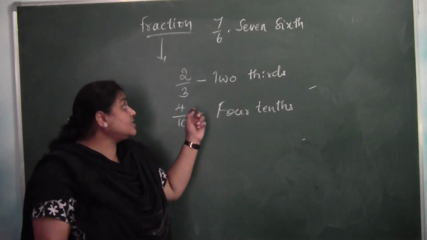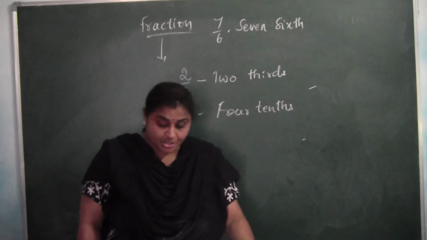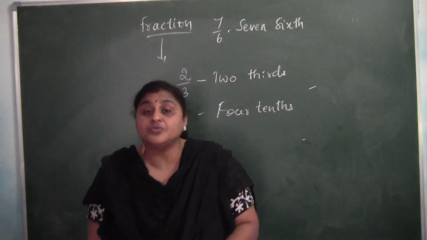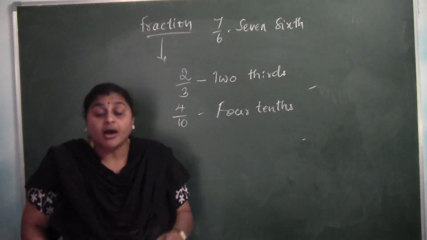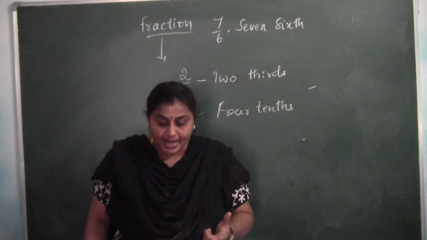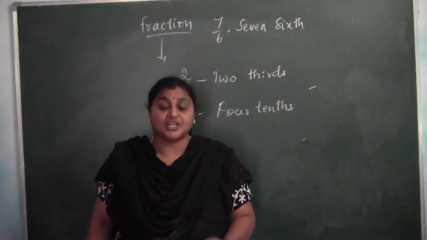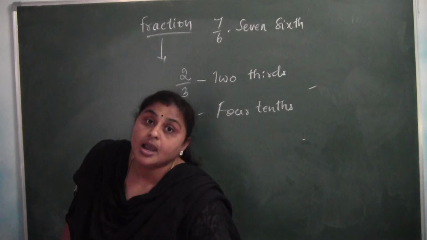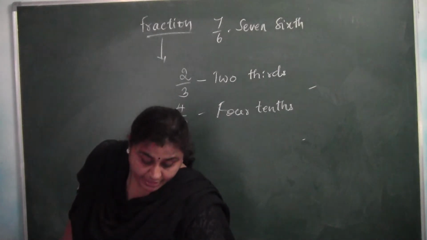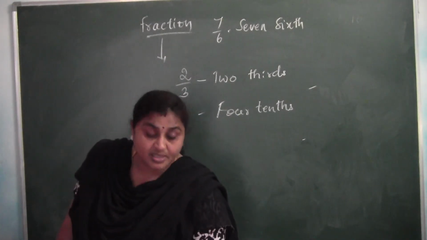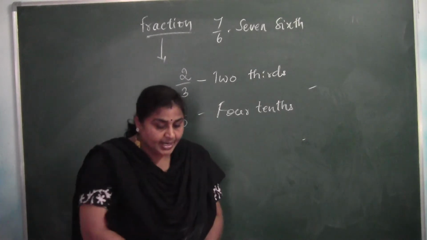Got it? So this is how you are reading the fraction. So your exercise 1.1 is nothing but reading the fraction, and you are going to match the fraction with that particular number range, whatever 2/3 or 3/4, whatever is given. Alright, children. Next.